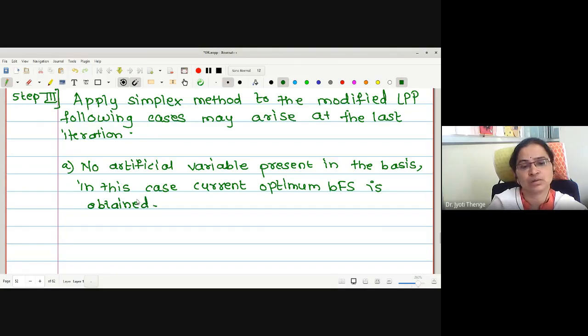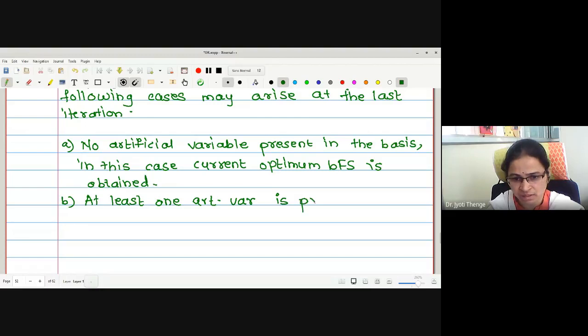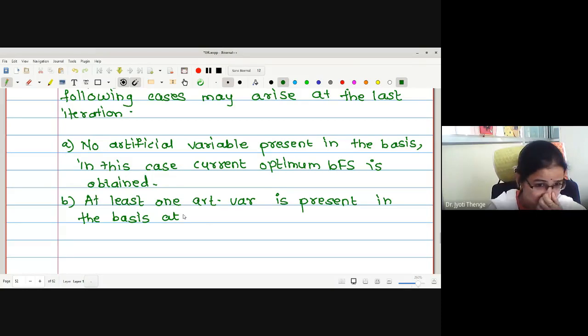In this case, the current optimum basic feasible solution is obtained. What is the second possibility? At least one artificial variable is present in the basis at 0 level or with 0 value.